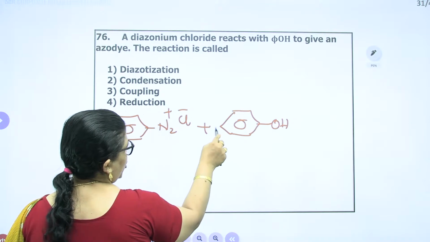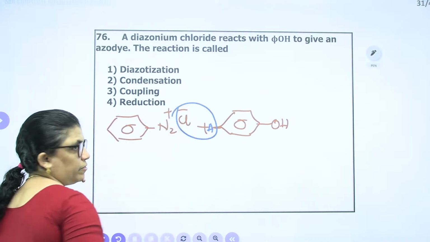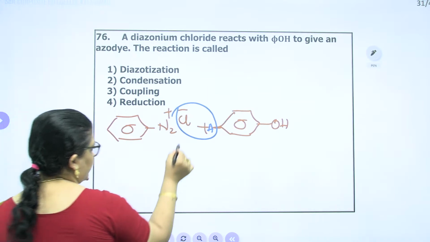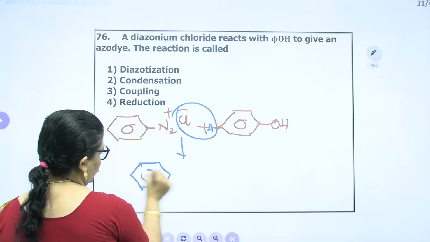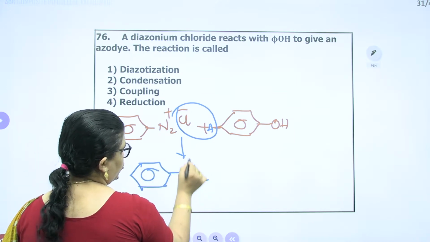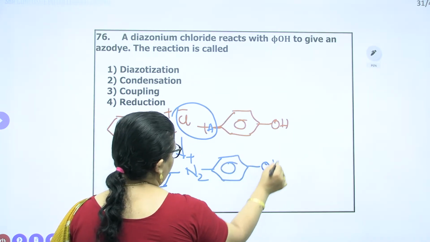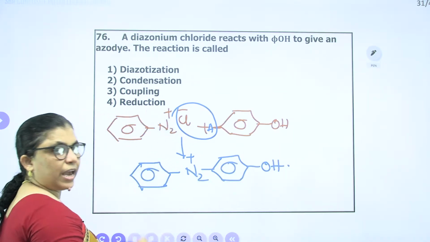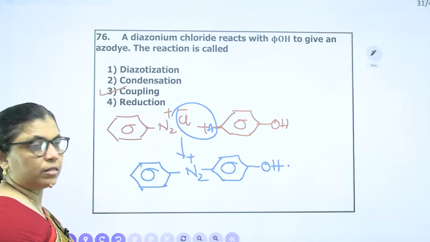At the para position, hydrogen and chlorine will eliminate as HCl to form a diazonium dye, para-hydroxyazobenzene. This reaction is called a coupling reaction. The correct option is the third option.